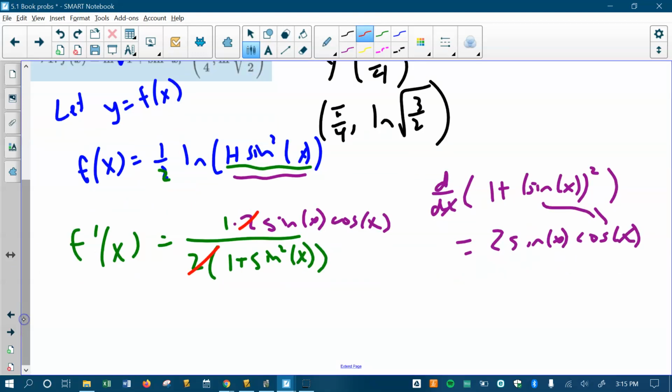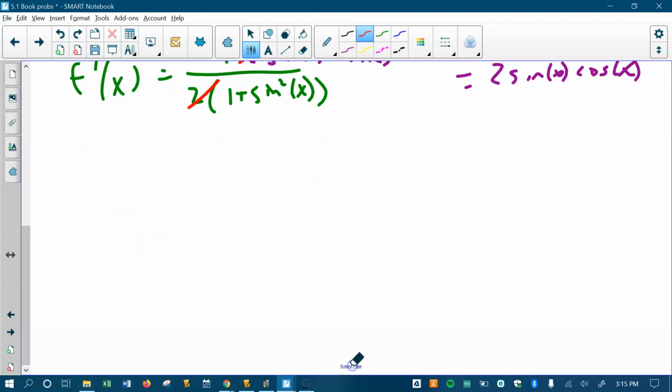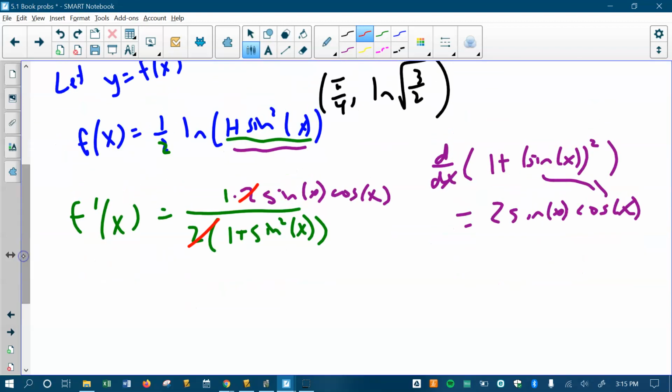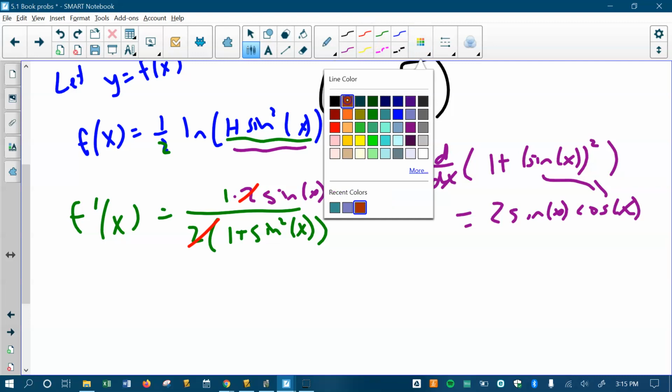So now you're left with, and actually, let's just keep going and plug in our value of pi over 4 to find the slope. So we got f prime of pi over 4. Let's pick a different color.